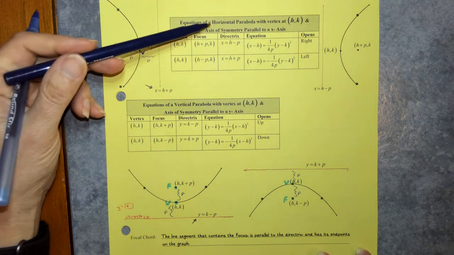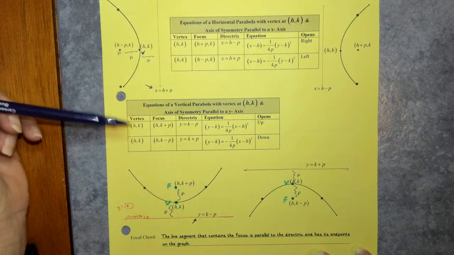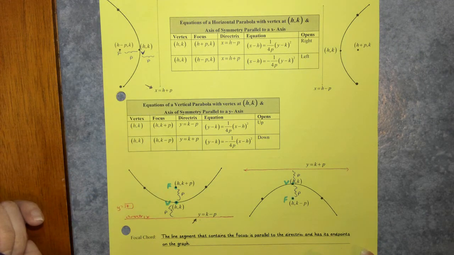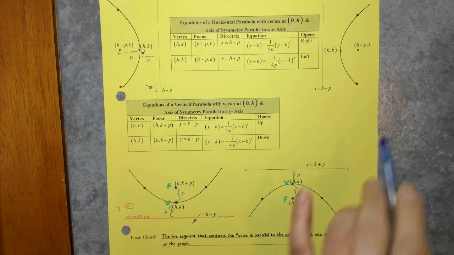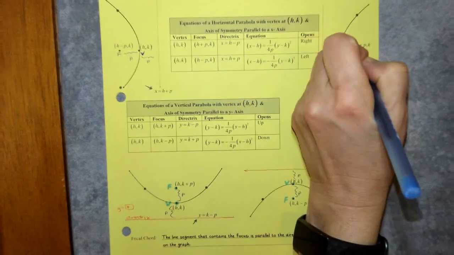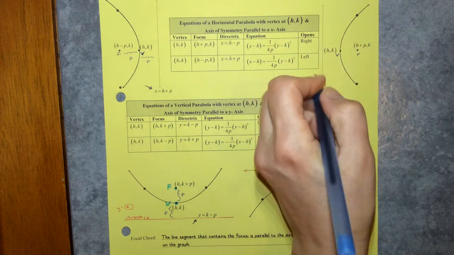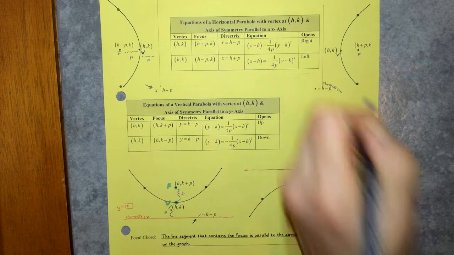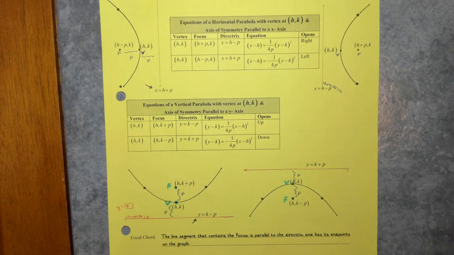So horizontal parabolas have an x equals equation for their directrix. Vertical parabolas have a y equals equation. Similarly over here, we could still label things with a V, an F for our focus, and we could call this the directrix. This distance of p is still allowed.